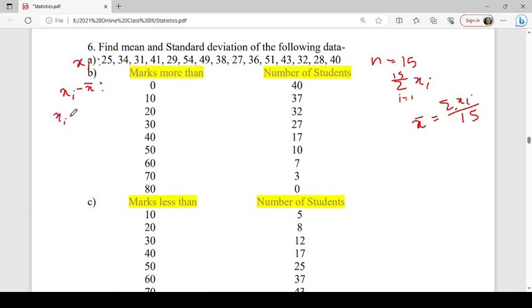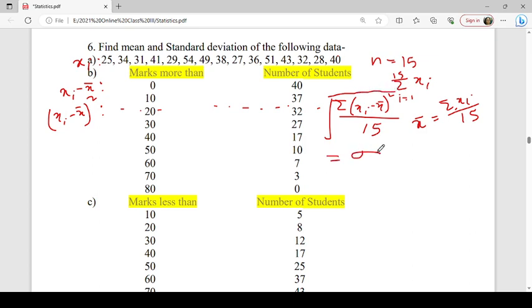Then you square these, so you will have some values for all 15 values. Then you add them to get the summation of (xi minus x bar) whole square, divide by 15, and take the square root. This is your sigma. So this is how you get sigma for ungrouped data.